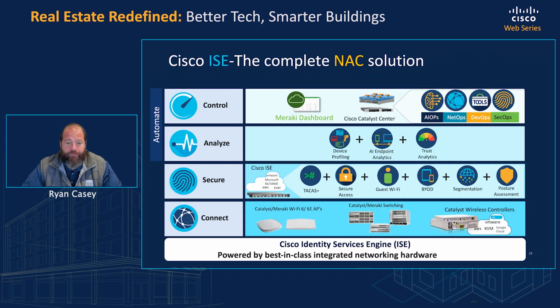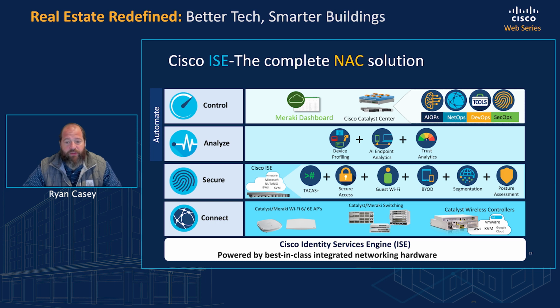Thanks, Ansar. So one of the challenges is securing all the infrastructure and all the connected devices that we're now providing via that unified hardware. It starts with the connectivity portion of it: Cisco wireless controllers, Cisco switching, and our access points.